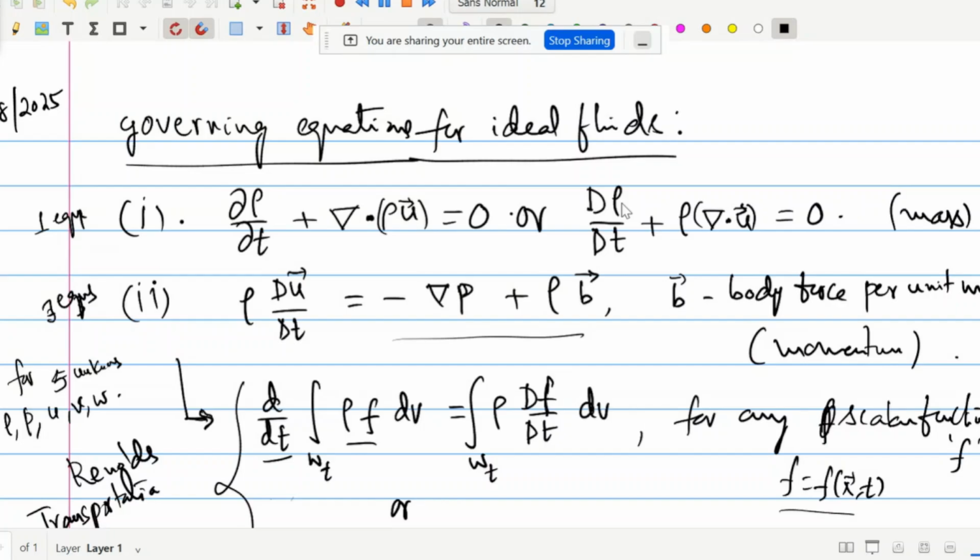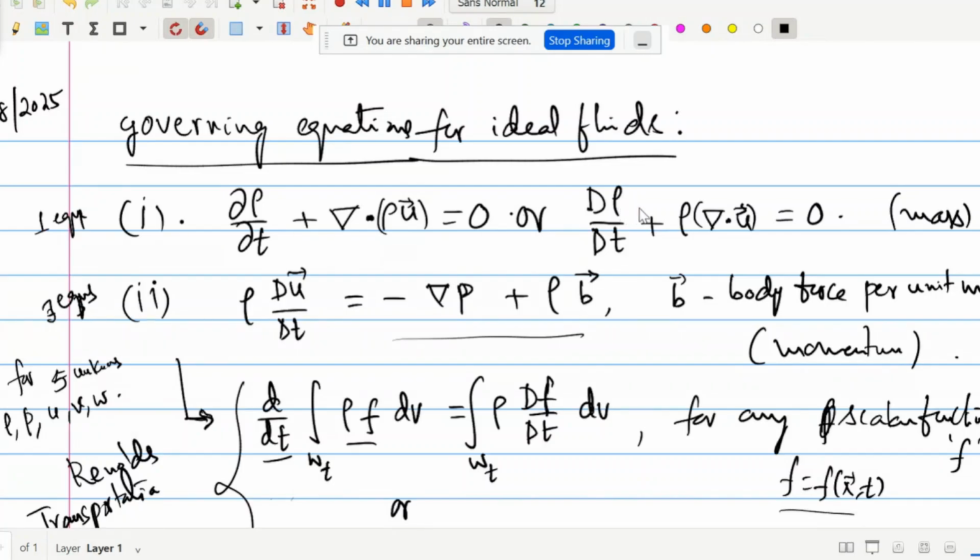As you move with the fluid, the volume of a fluid element will not change with time. That is the meaning of an incompressible fluid. It is the same as saying its density is not changing as you move with the fluid. The material derivative, or total derivative, will be 0.